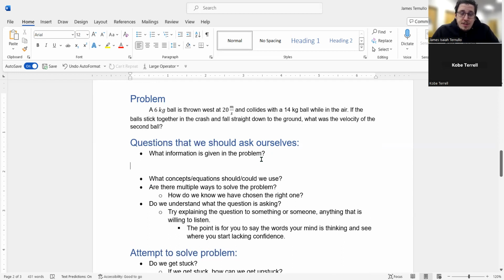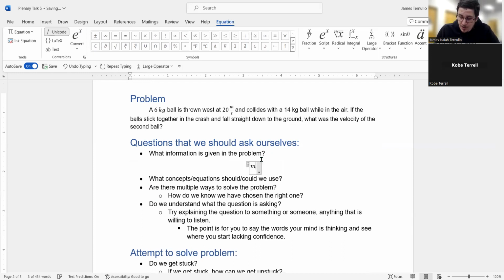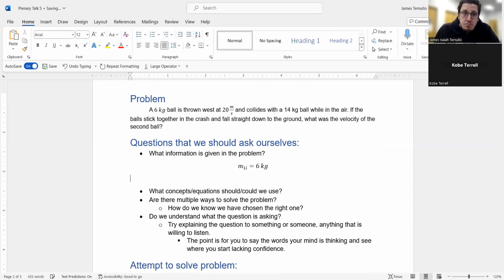So what information is given in the problem? Well, we see that we have the mass of some ball is 6 kilograms. Let's call this ball 1. And we're going to say that this is its initial mass, 6 kilograms. Okay.